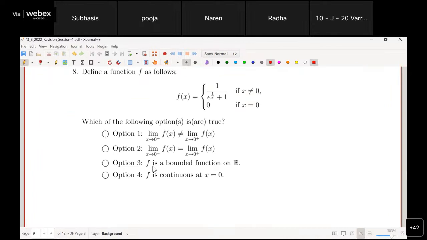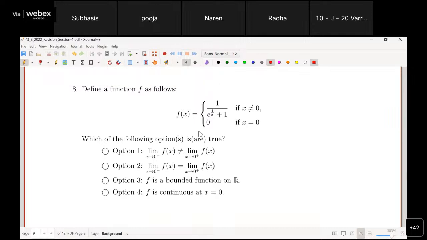Okay, I guess this question. Can you tell me how to solve this question? We need to find whether this function is continuous at 0 or not.